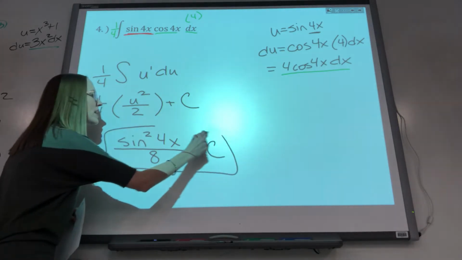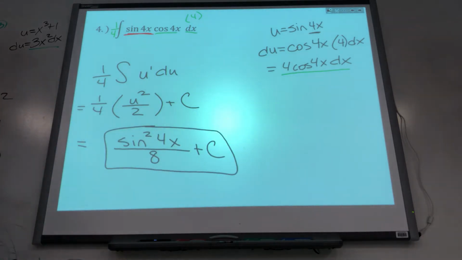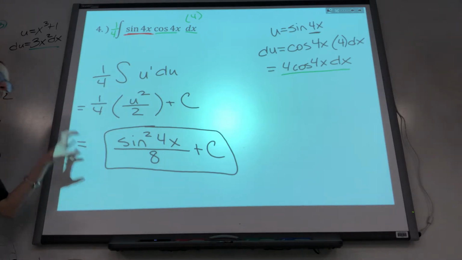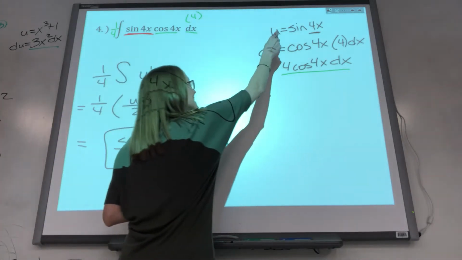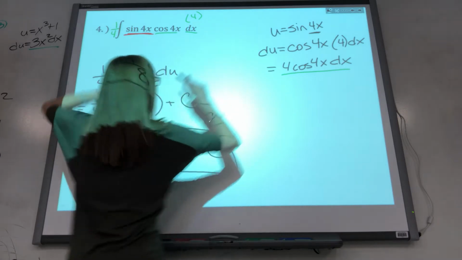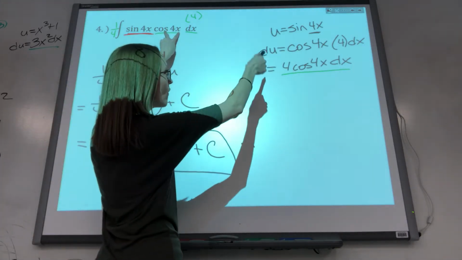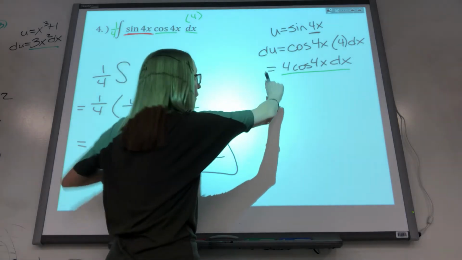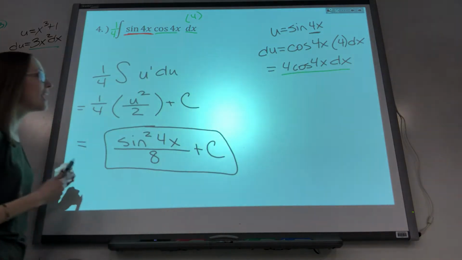Now what's kind of weird about this problem is that there's another way to do it. And if you do it that other way, you get back a different answer, but technically they're both correct answers. If I had let u equal cosine of 4x, derivative of that would be negative 4 sine of 4x.